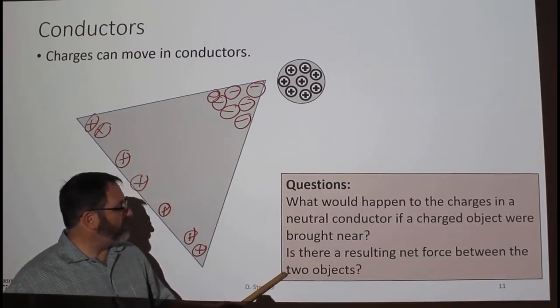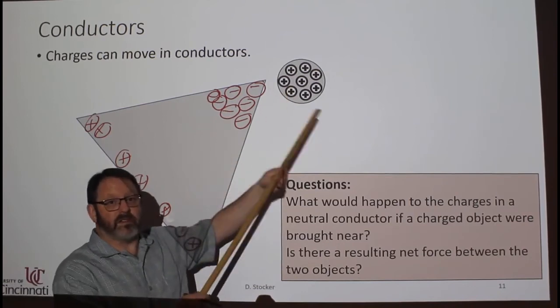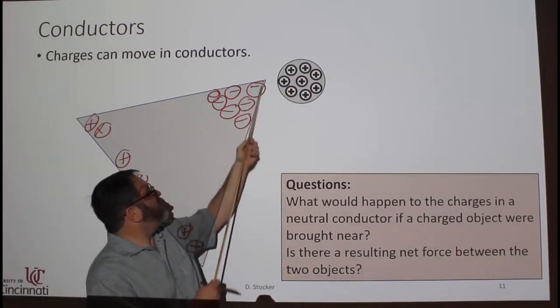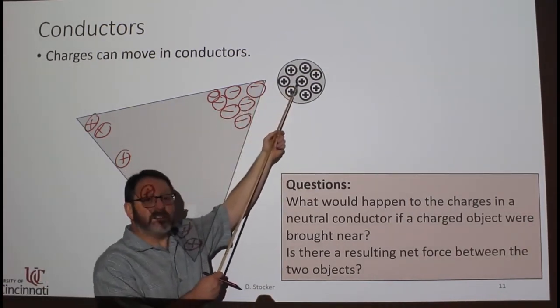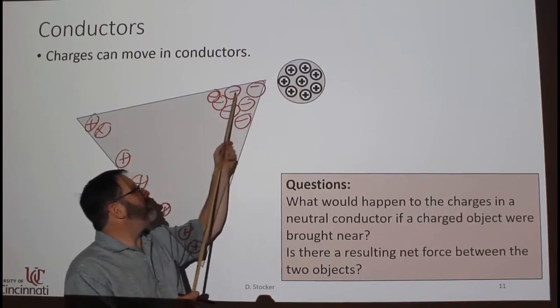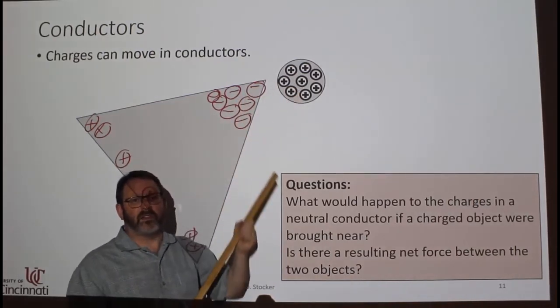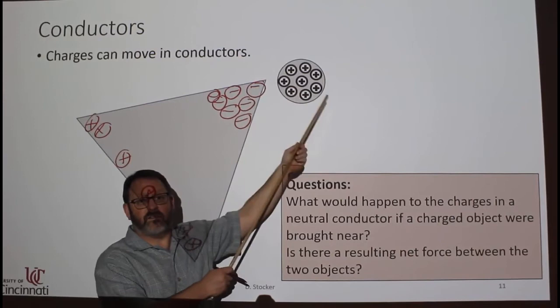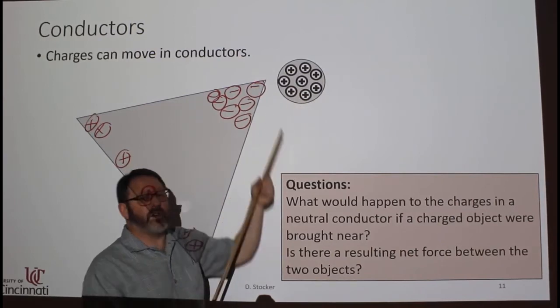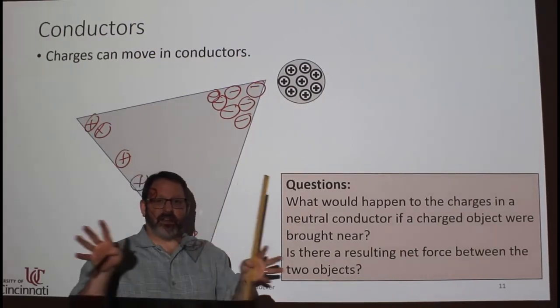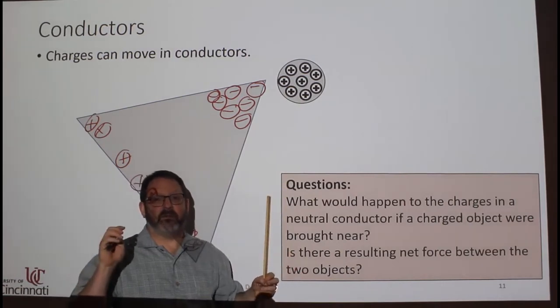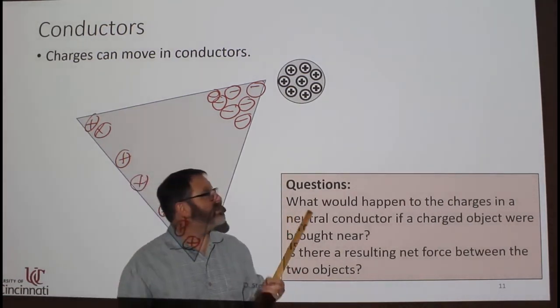Is there a resulting net force between the two objects? Well, you can see here there are a bunch of minuses close to the positives. Now, minuses and positives close to each other, there will be a large attractive force here. As you get farther away, the electric field lines spread out, and the field gets weaker, the force gets weaker.